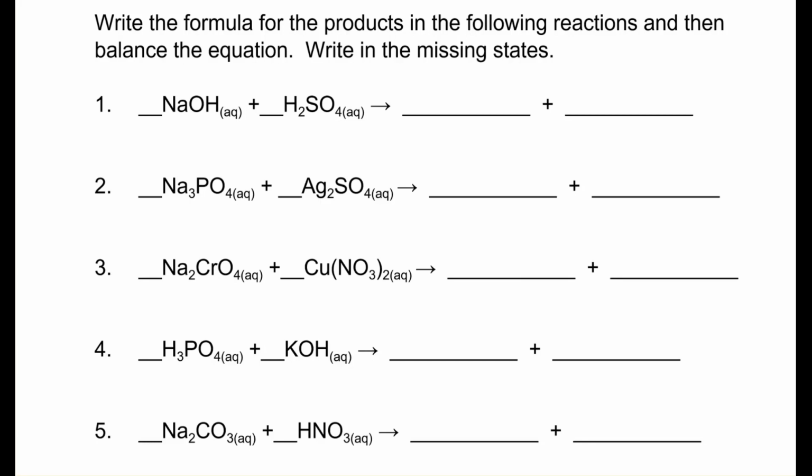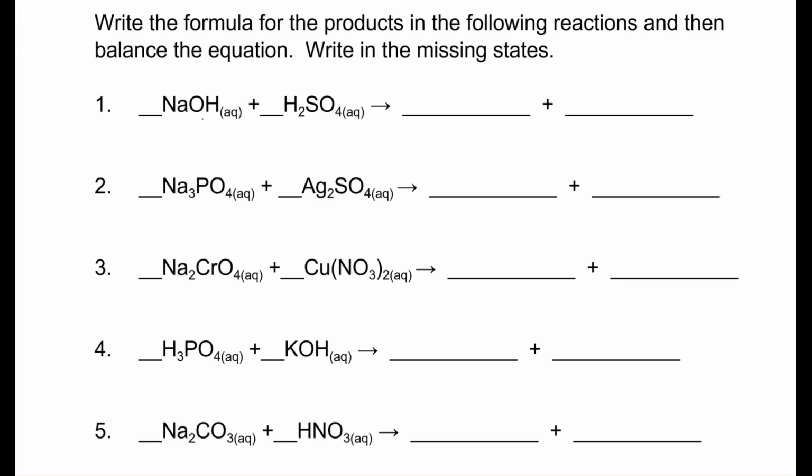I want to be very clear though. Anytime you've got a base reacting with an acid, remember a base is ionic, so it has to be metal, non-metal, right? So this is an ionic hydroxide. It's ionic, so metal with a hydroxide.